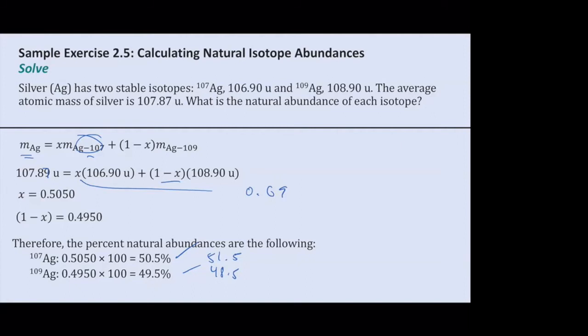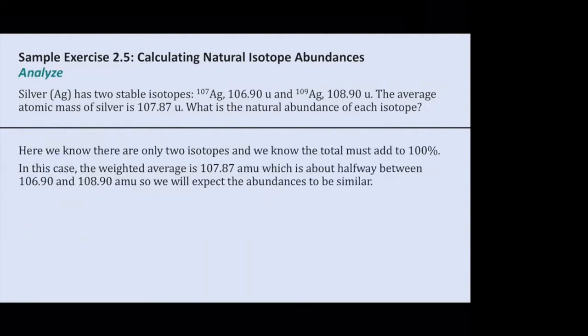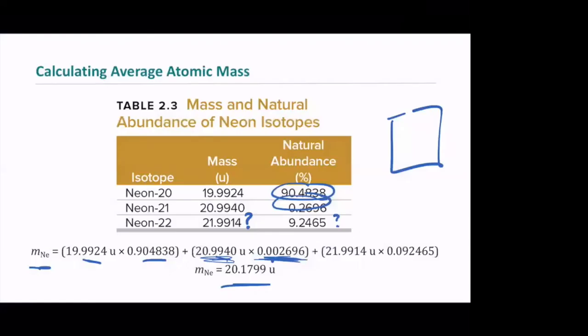Not for this one, but the neon one we did. This one's ideal where you can actually do it for each of those 3 isotopes and get comfortable doing it and make sure you get that answer each time. You've got the answers right there. You're solving for the abundances.